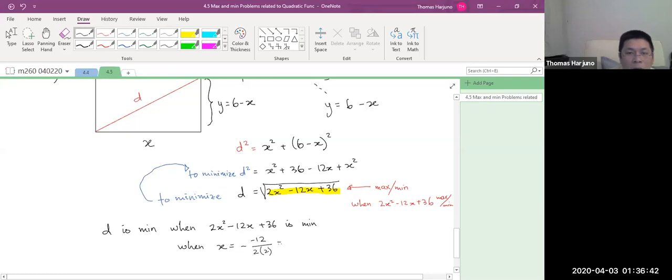Is it right? So that's when x equals 3. Now when x equals 3, let's call that the width. How about the length? Use this.